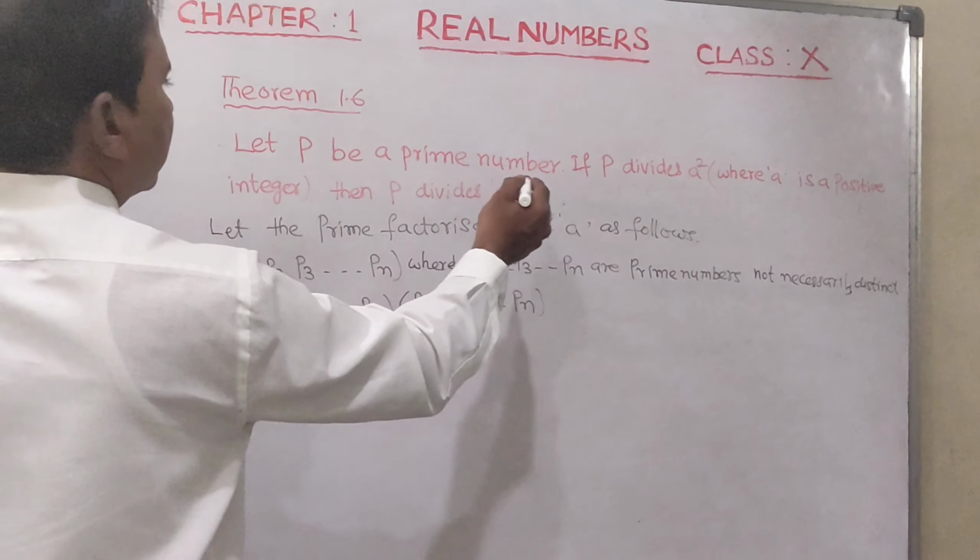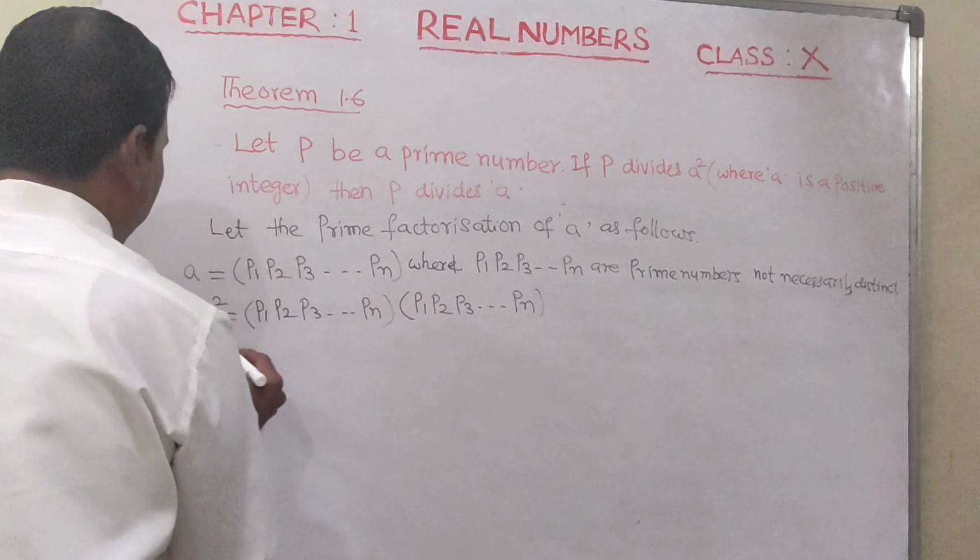But in the question it was given that p divides a square.